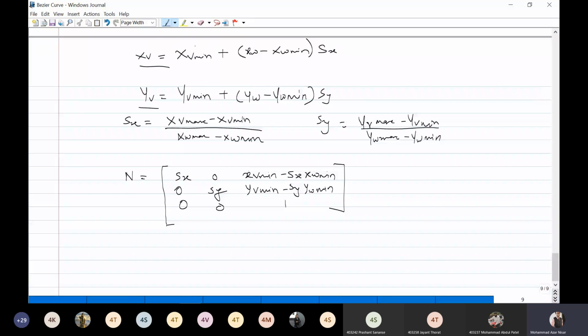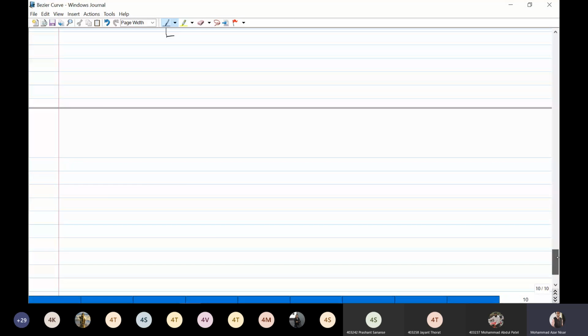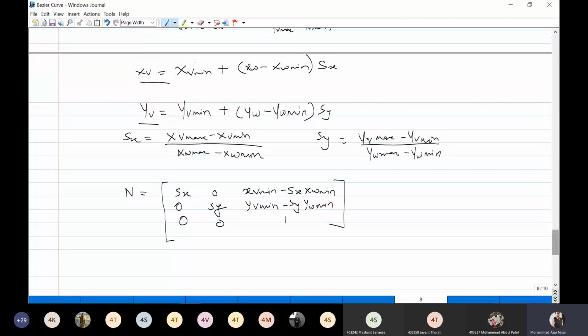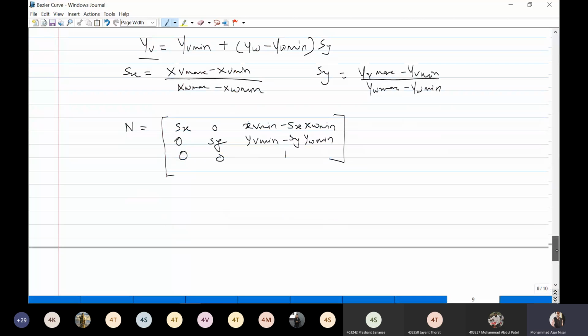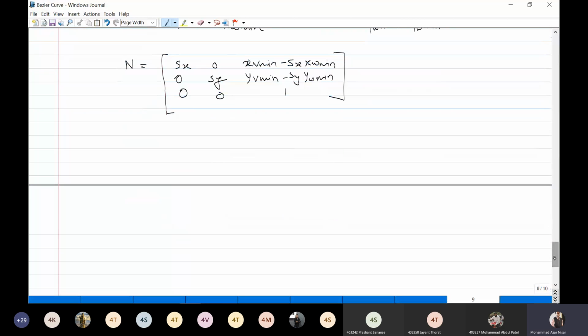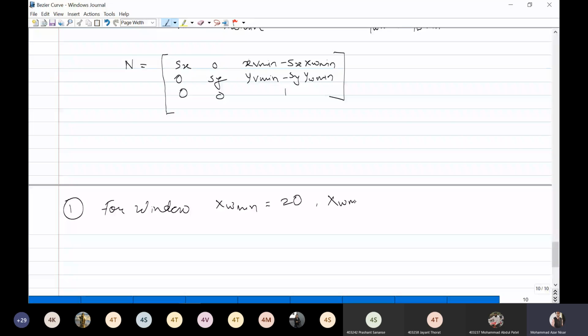We will take a simple example over this equation. Suppose a window is given. The values given are xw minimum is 20, xw maximum is 80 units, and similarly y values are given. Suppose this is our coordinate system.